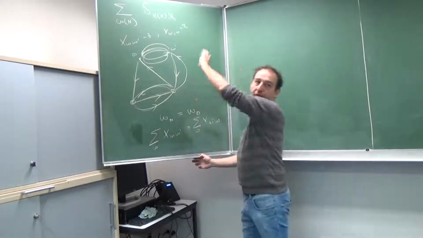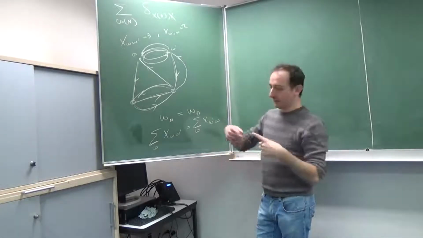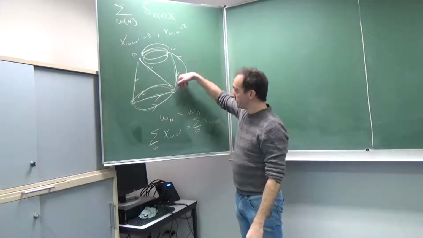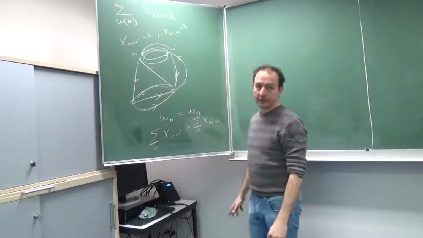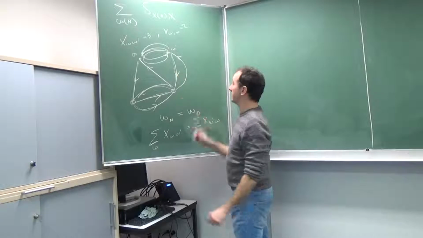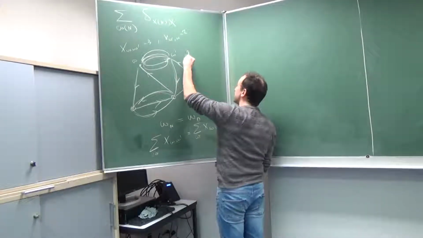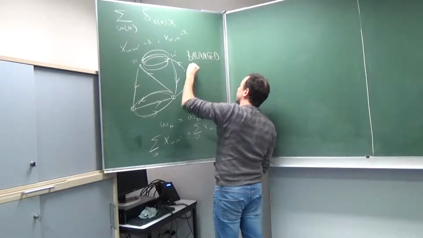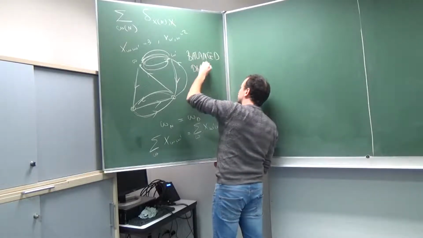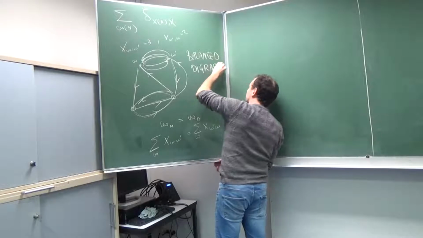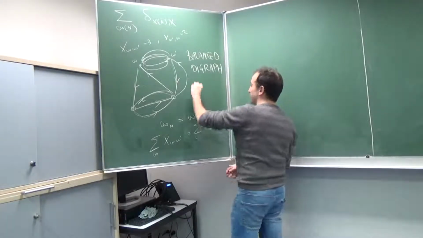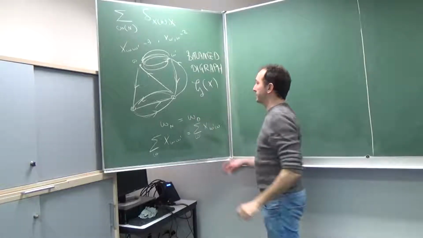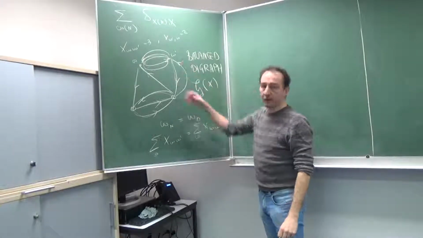And so, if you get back to the initial state, you must have as many arrows that go in as arrows that go out. Now, this object here is called a balanced digraph. Okay, so we call it balanced digraph G of x, because x is the input data that gives us the number of arrows.